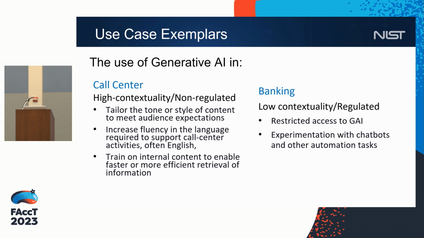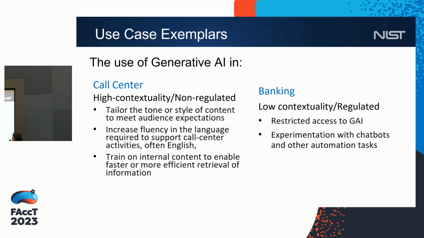We are placing them on a continuum of contextuality. We have a call center example, which is a highly contextual scenario in a non-regulated environment. Generative AI is being used in many different ways here, to tailor the tone or style of content, to increase fluency within the language required, usually English, or to continuously train on the data.